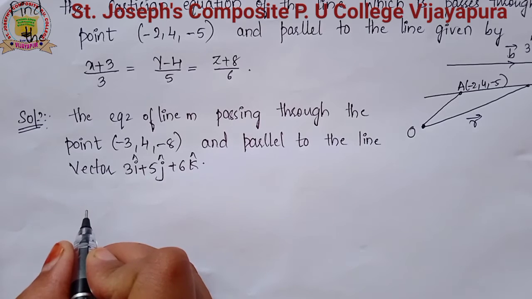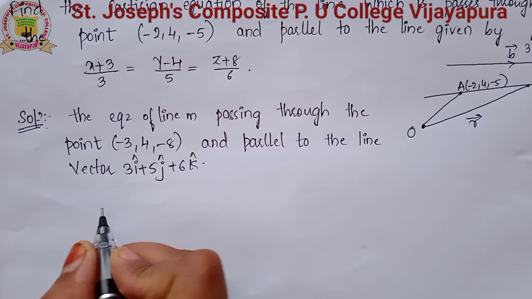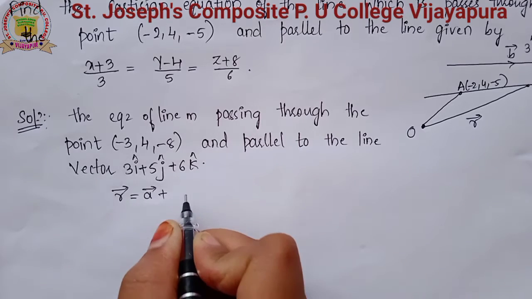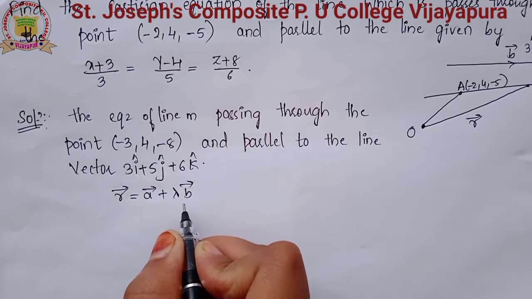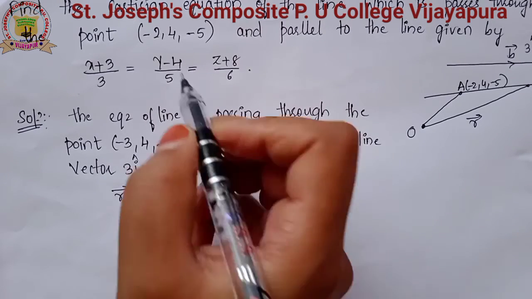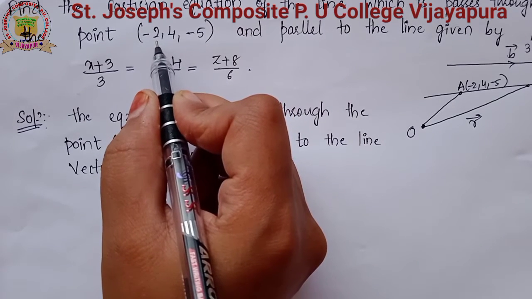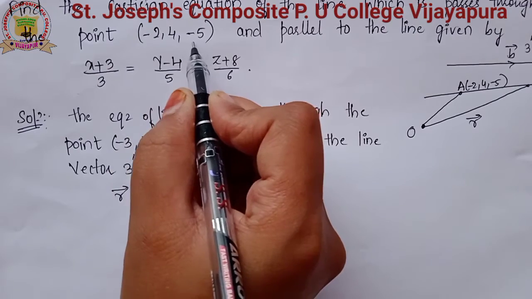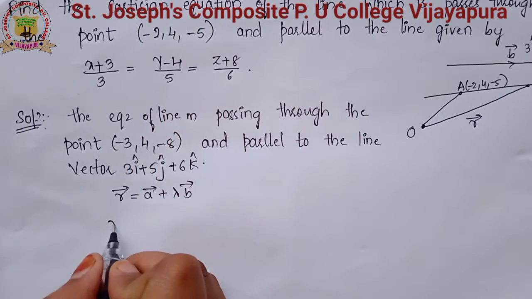Now the equation of the line is very simple. That is vector r is equal to vector a plus lambda b vector. Here the point vector is given as minus 2i plus 4j minus 5k. So I will substitute here.